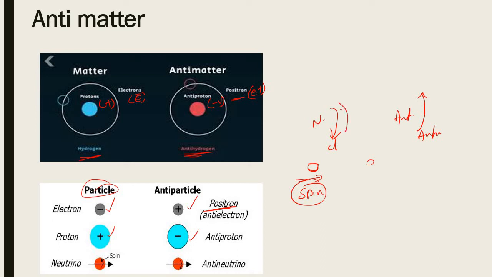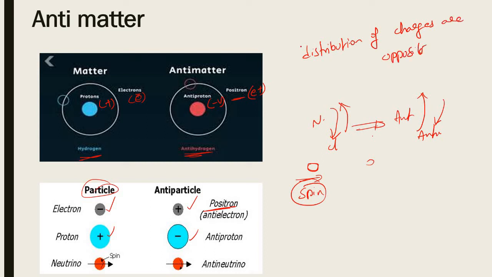If here it is anti-clockwise, then here it will be clockwise. So the spin will be opposite, and in normal particles, in a proton and electron, the distribution of charges is opposite.